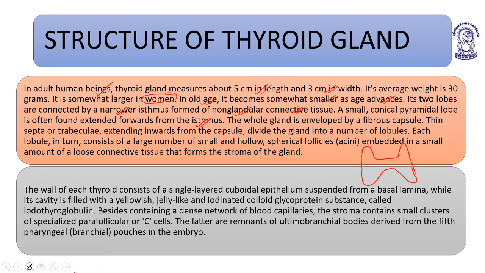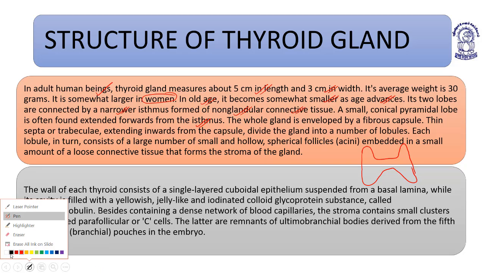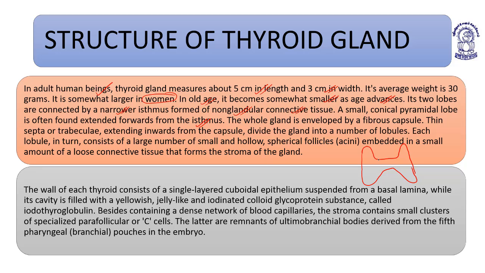So this is the isthmus part, and it is made up of non-glandular connective tissue. A small conical pyramidal lobe is often found extended forwards from the isthmus.